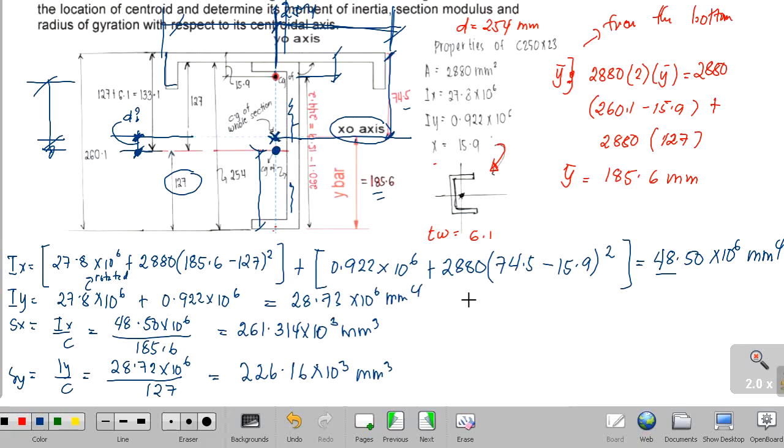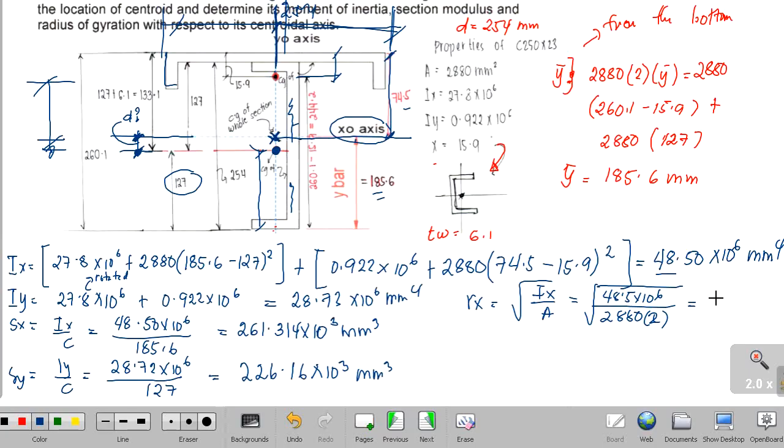How about for the rx? rx is equal to the square root of Ix over A. A is the total area, so we have 2880 times 2. Substituting the values, 48.5 times 10 raised to 6 over 2880 times 2. That is the total area of the whole section.